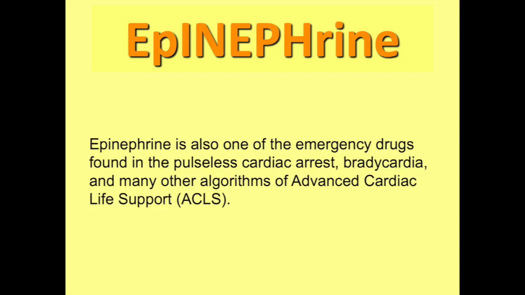So let's talk about epinephrine. Notice again that it is one of the major medications used in ACLS. It's used for pulseless arrest, so cardiac arrest, bradycardia, and other algorithms can utilize it too because of its profound effect at the heart.